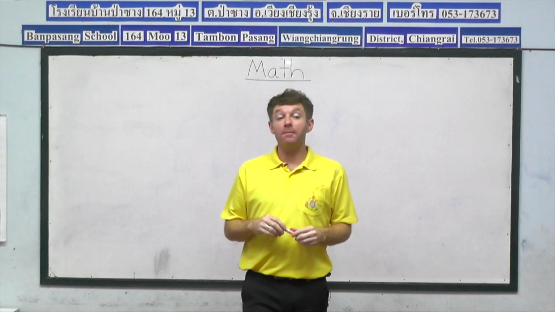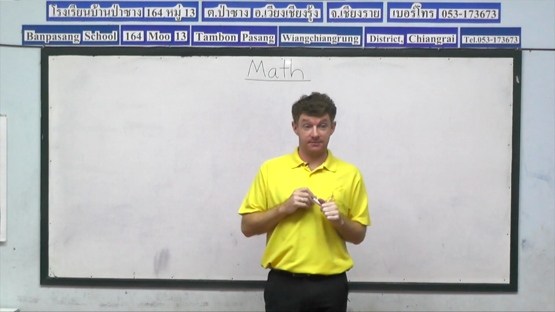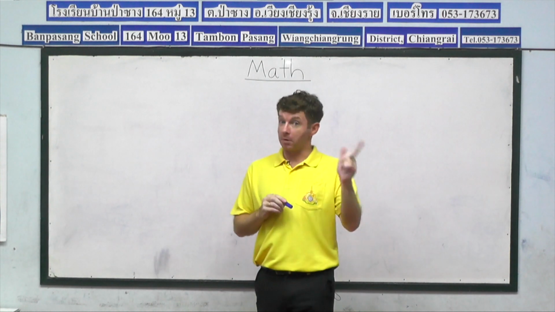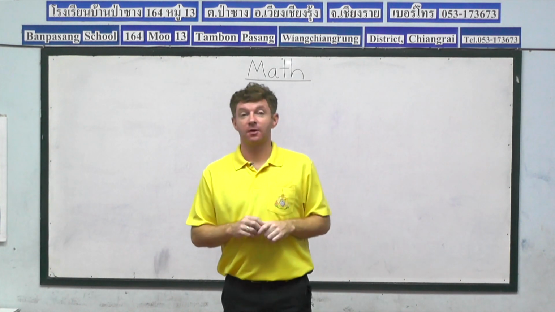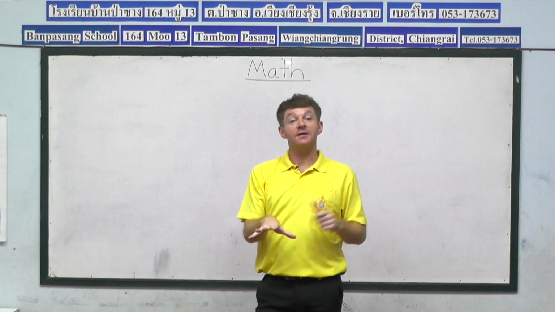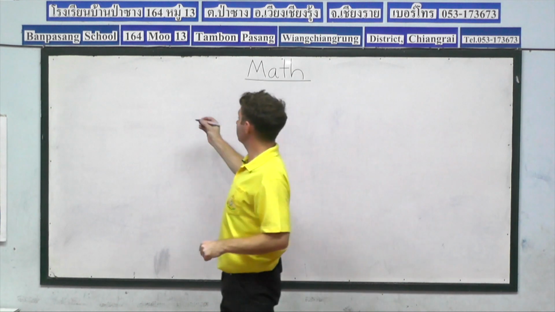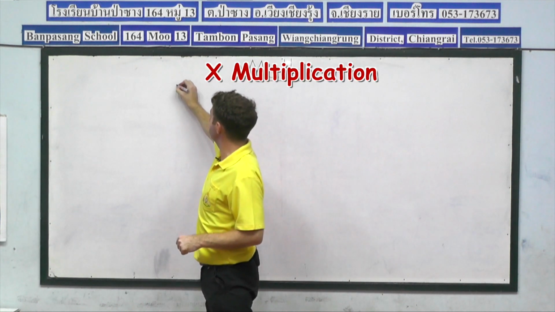So who can tell me what type of math problems we've begun learning about recently? Multiplication is right. We've already done addition, then we did subtraction, and now we're doing multiplication. So let's write the multiplication symbol first.